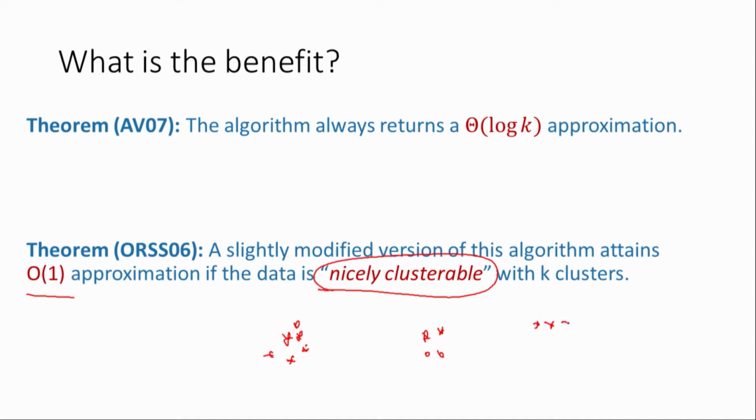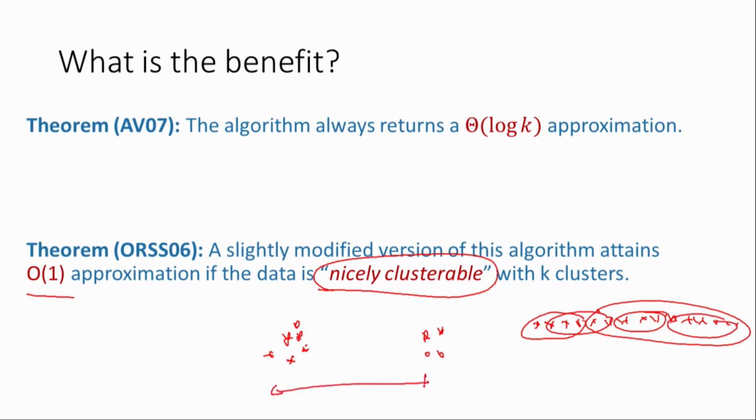If the data is like a straight line, with all points on this continuum, then there is no real cluster structure present. Because if you take a single cluster here versus 3 clusters versus 5 clusters, it's not really clusterable.